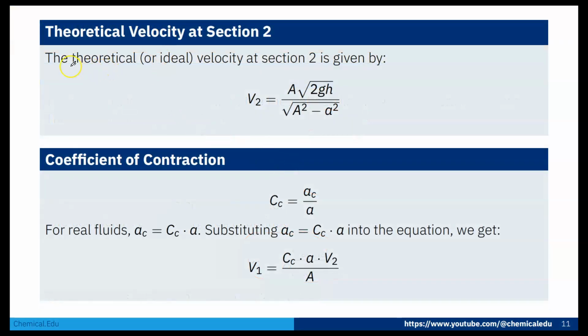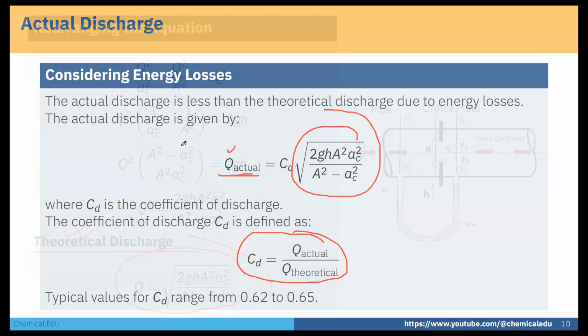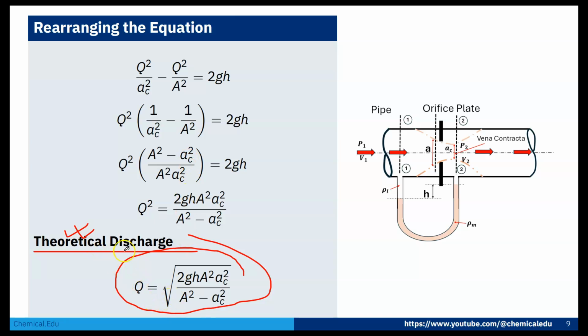Now the theoretical velocity, we know theoretical velocity at section 2. So V2 is nothing but A root over of 2gh root over of A2 square minus A square. So now we know the theoretical discharge.